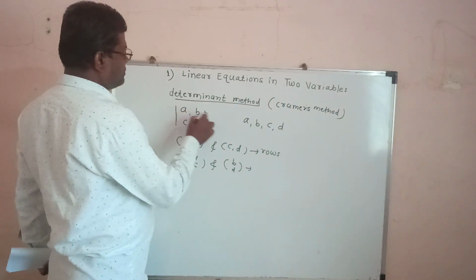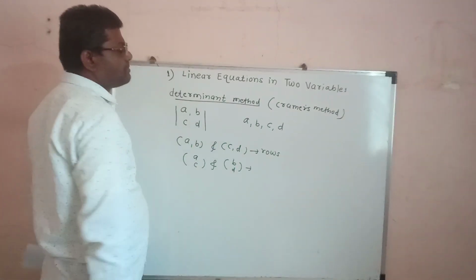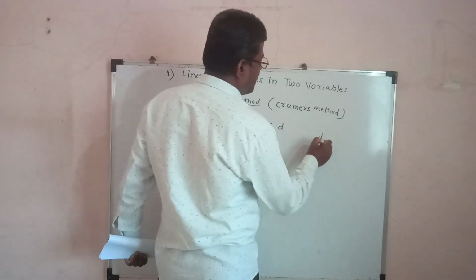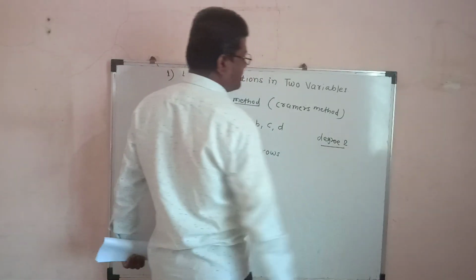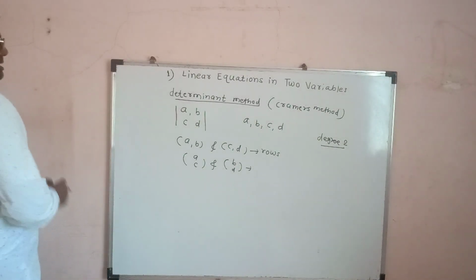Here there are two rows and two columns. Therefore, this determinant is called a determinant of degree 2.